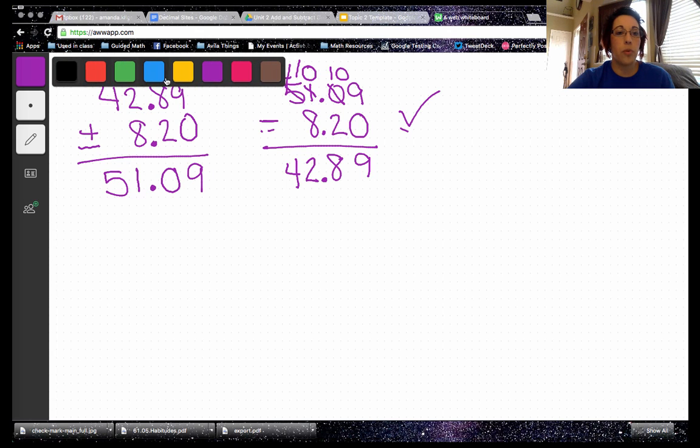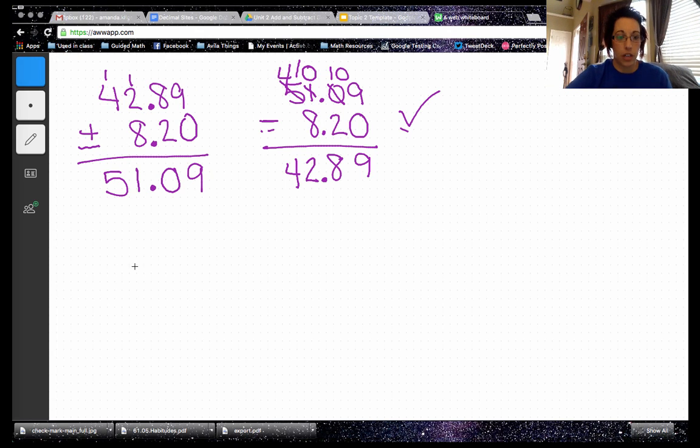Let's look at one more practice problem here and see what we can get. 17 and 49 hundredths. We're going to add to that 9. We've lined them up, put our decimal back in, and annex zeros.